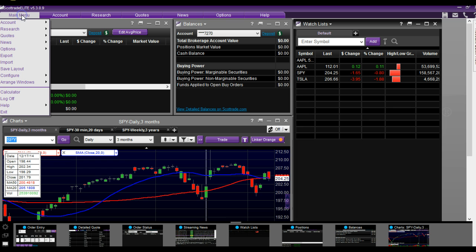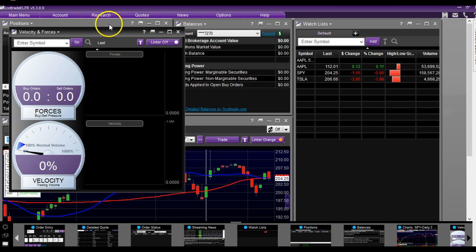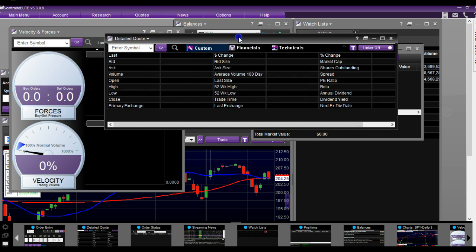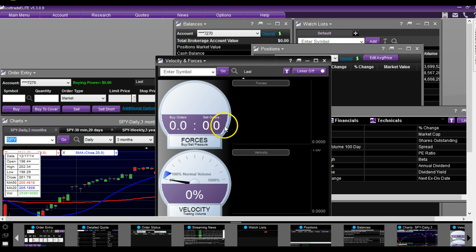Another thing, the velocity and forces is another really good tool that I like here. This one right here. So right now it's dead, but when the market's open, it pretty much shows the momentum. It takes the time and sales data and shows it in a speedometer type environment.